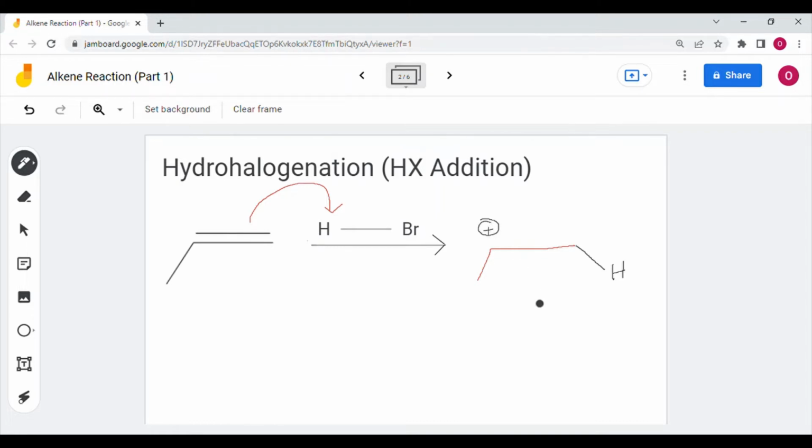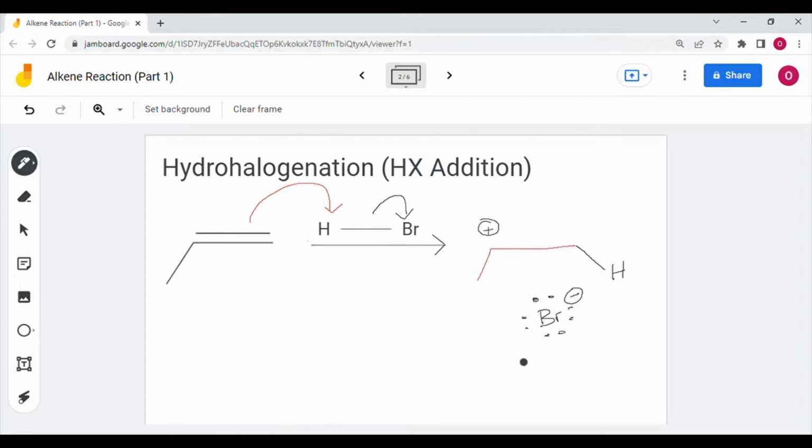So now the next step is we have this molecule, and we have free bromine minus charge laying around, right? Because as you see here, this electron is now on the bromine. So because this is the electron-rich molecule, this is now going to act as our nucleophile.